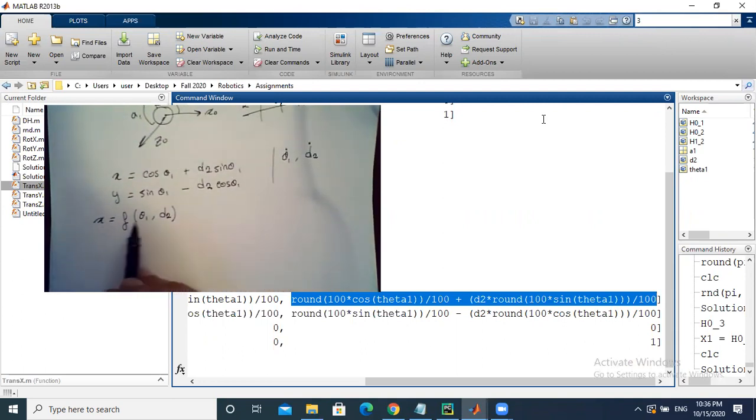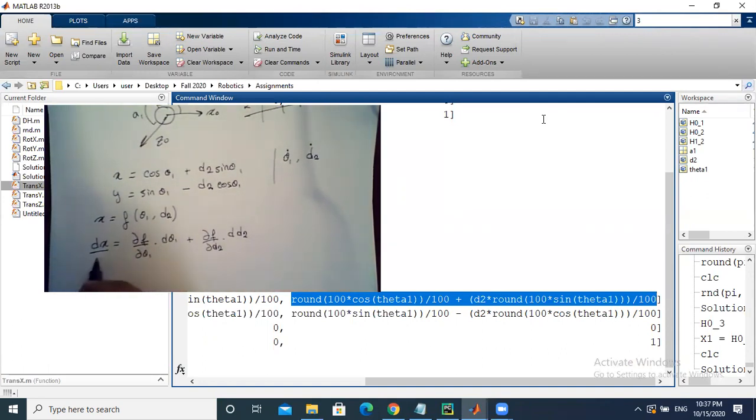If you differentiate a function with two variables, what is dx? dx is equal to the partial derivative of f with respect to theta 1 multiplied by d theta 1, plus the partial derivative of f with respect to d2 multiplied by d2, okay?